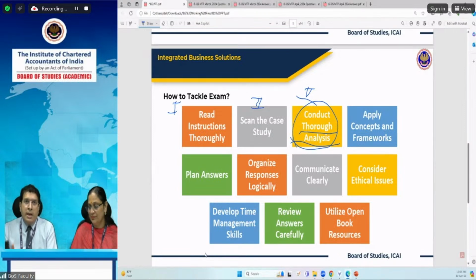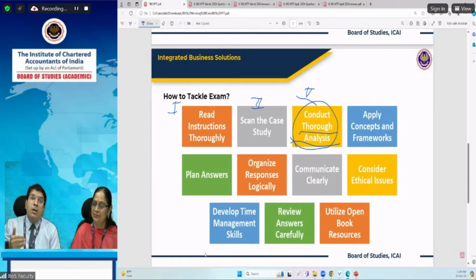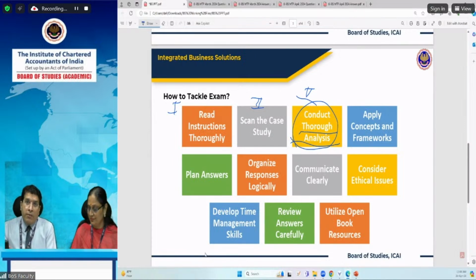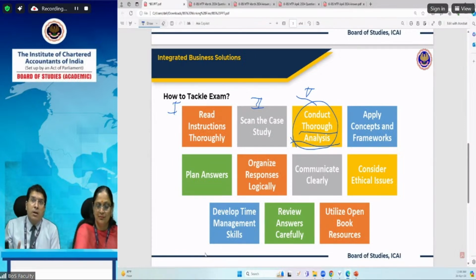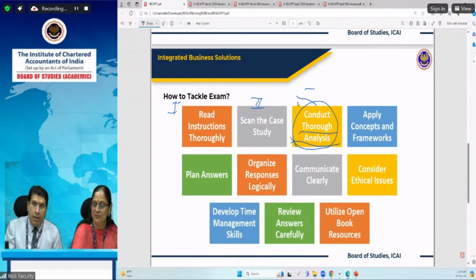Suppose a case study is based on Porter's Five Forces model. Porter's Five Forces is related to scanning the competitive environment, so you have to correlate all the points of the case study with the concerned steps.